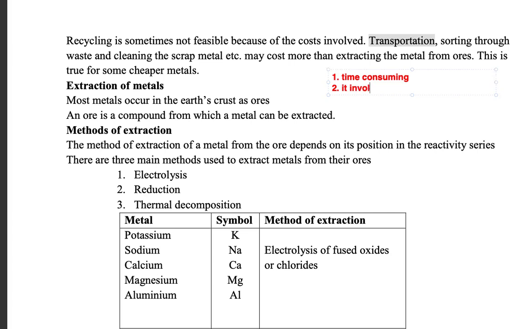So the facilities are not present. It's going to be hard to recycle. If there are no proper facilities for recycling metals, you'll be unable to recycle that same metal. Yes, so it needs proper facilities.